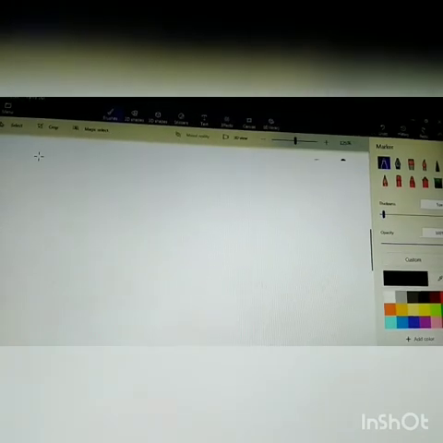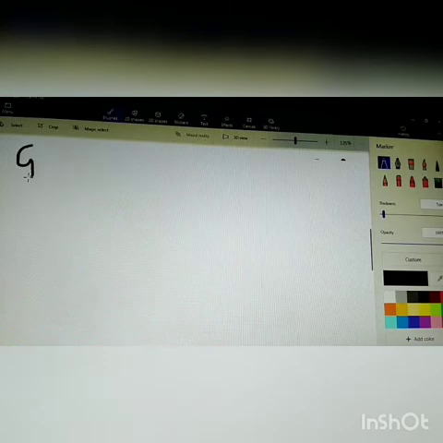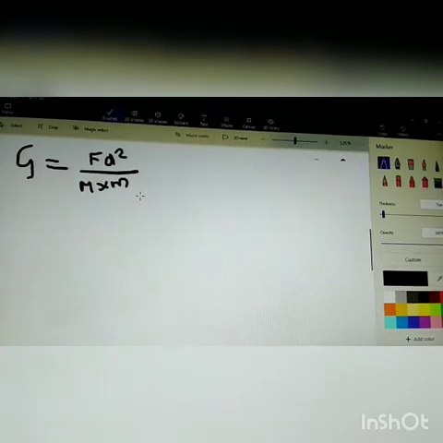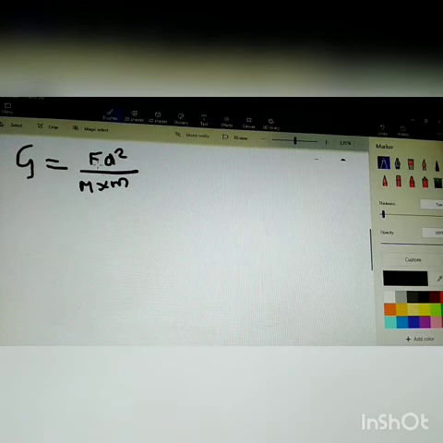If we make this even simpler, then it would be g is equal to f d square by m into m. How did I come to this? I just inverted the formula 1 by g, and inverted it, which was before m into m divided by f d square, and now it is f d square divided by m into m.